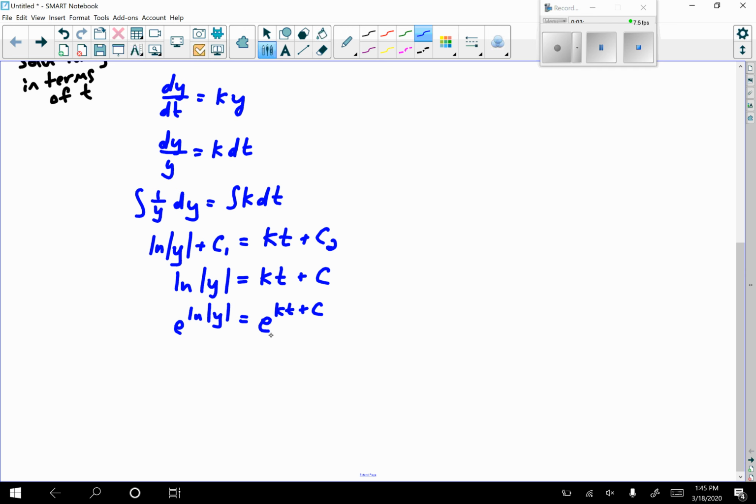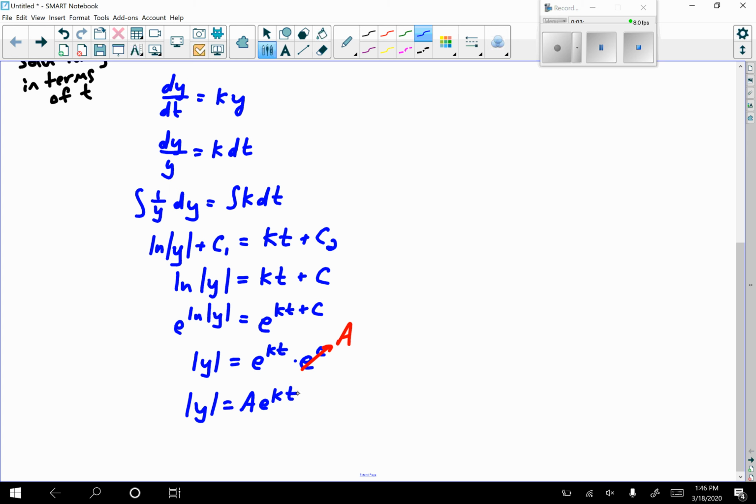And again, I'm going to use that law of exponents to help us rewrite that right side. So we just get the absolute value of y is equal to e to the kt times e to the c. So then the absolute value of y, this part here, we could just say it's an a, is going to equal a times e to the kt.